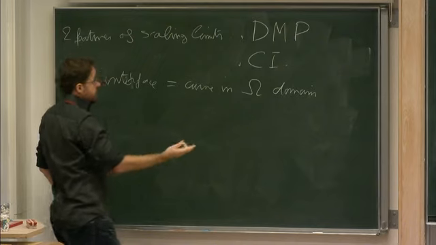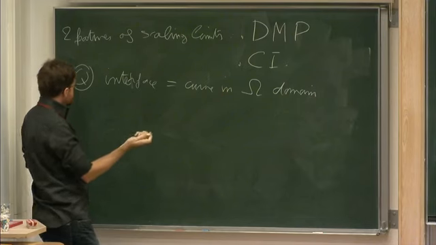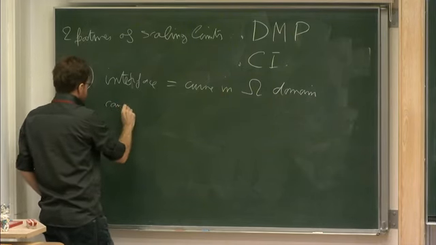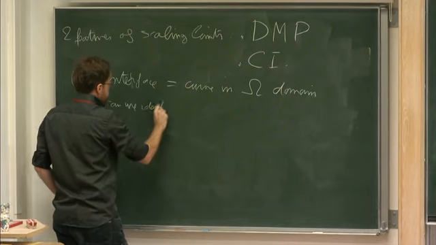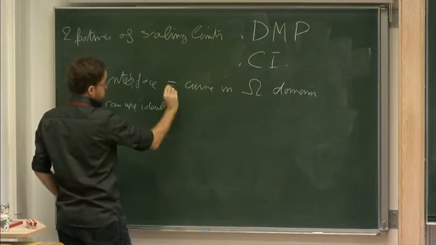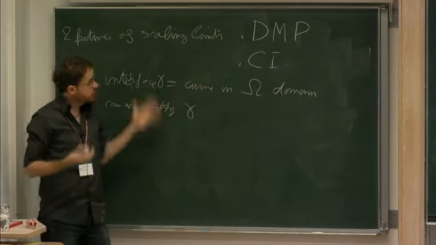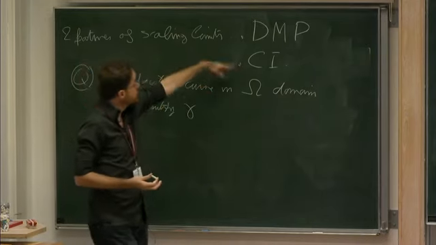So if you have an interface that satisfies these two properties, the question is, can we identify the probability distribution of gamma using only these two features?